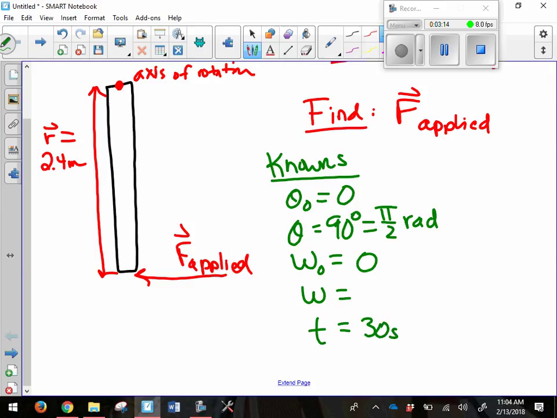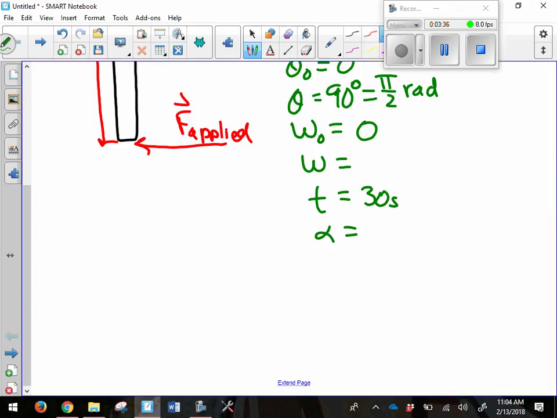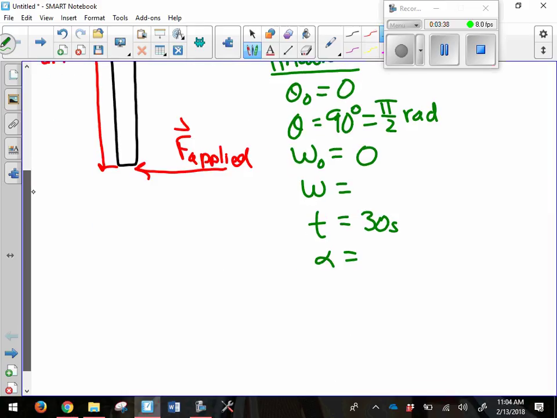What's the thing that's missing from my list? So, of all my stuff here, which is the thing that I'm going to want to solve for on my side trip? Why? Okay, so I want to find alpha because I can use the acceleration somehow to find the force.